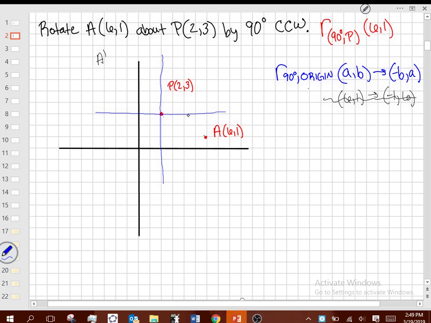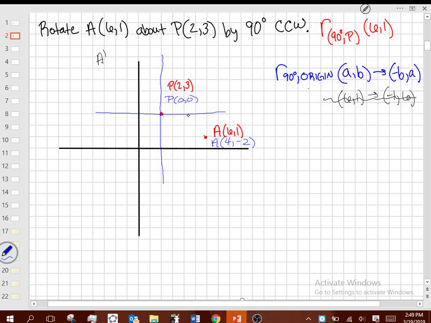But off the blue axis, P is what? (0, 0). Okay? Why is that nice? Because now can I redefine A off of the blue axis? A would be, if I just count from that blue P coordinate, it'd be (4, -2), right?